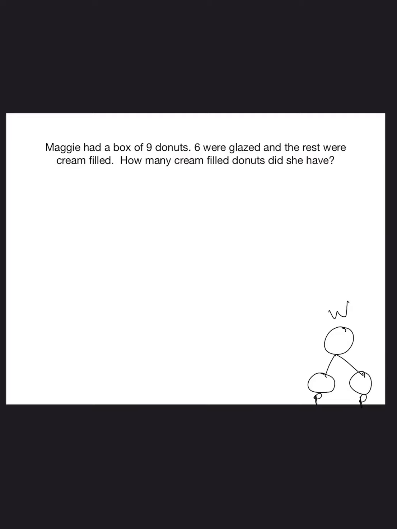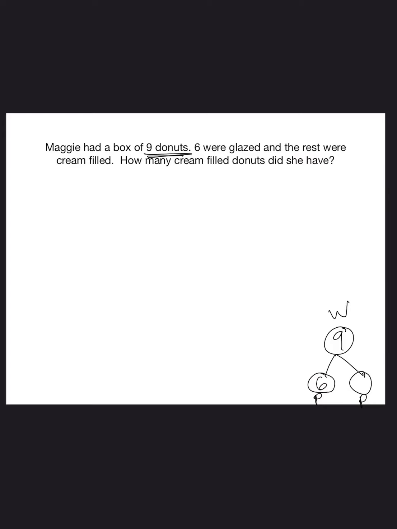Very good. Now let's see what we already know about this word problem. If we look at it, we see that Maggie has a total of 9 donuts. So that would be our whole. I'm going to go ahead and fill that in our number bond. Then we see that she had 2 parts. Her 2 parts were glazed donuts and cream-filled donuts. We know that she had 6 glazed donuts.